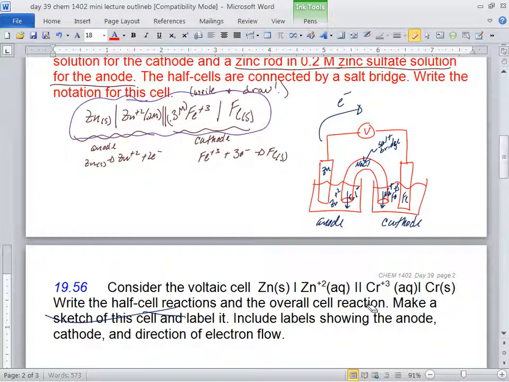Notice how it asks for the direction of electron flow. Ion flow is not in there, but that should be in there too. Anyway, let's just do this first part: write the half cell reactions and the overall cell reaction.